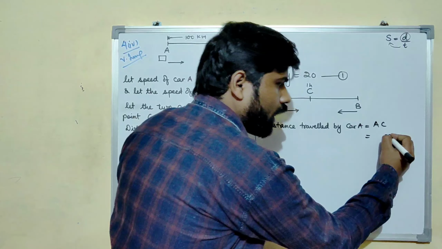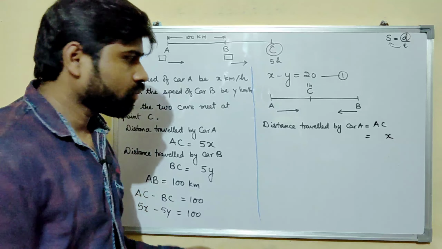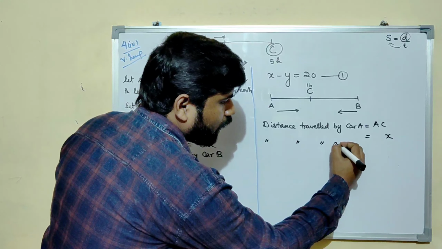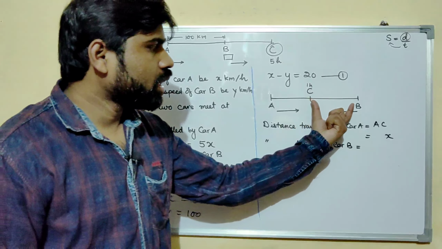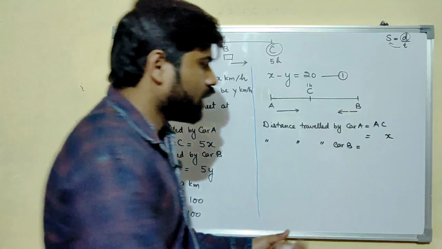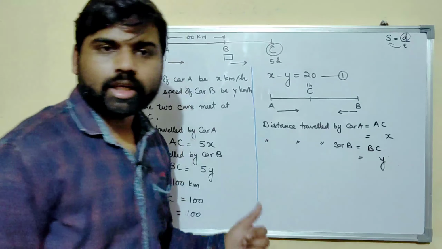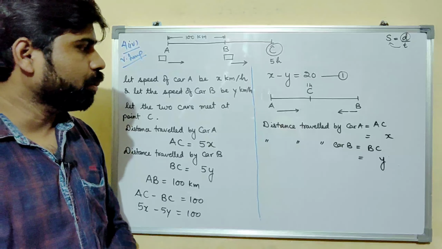Speed is the same, x, time is 1. So 1 into x is x. Now distance traveled by car B. What is the distance traveled by car B? It is CB or BC, which equals speed, that is y, into time, which is 1. So x and y will be the distances covered by them.